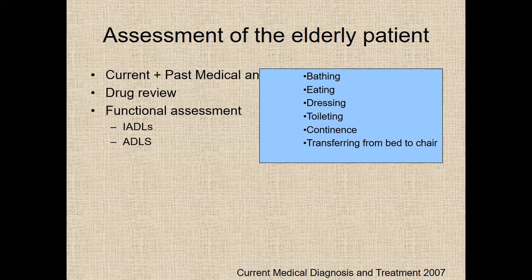But the concept is that ADLs is if the patient is able to do his or her normal activities inside the home, and IADLs is if the patient is able to do his or her activities outside the home, even going to the mosque and coming back. This also will be included in IADLs.